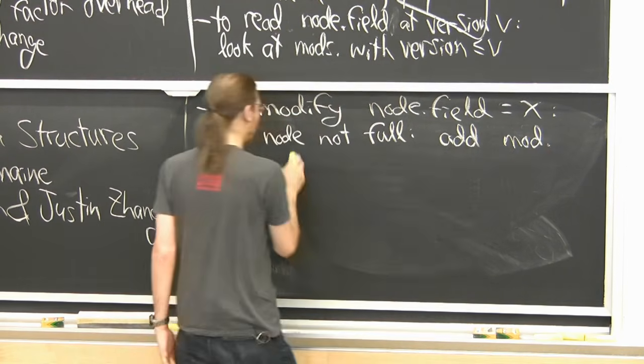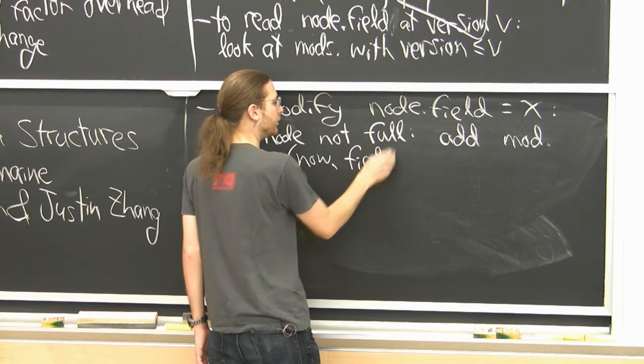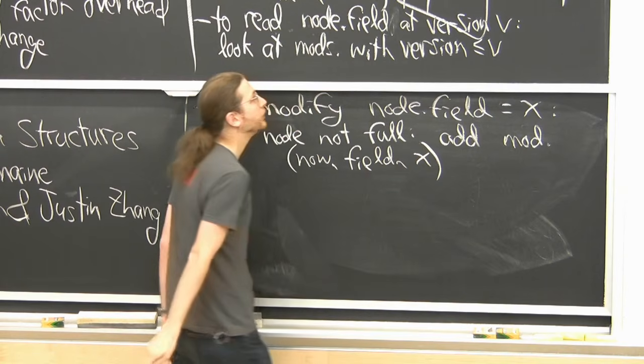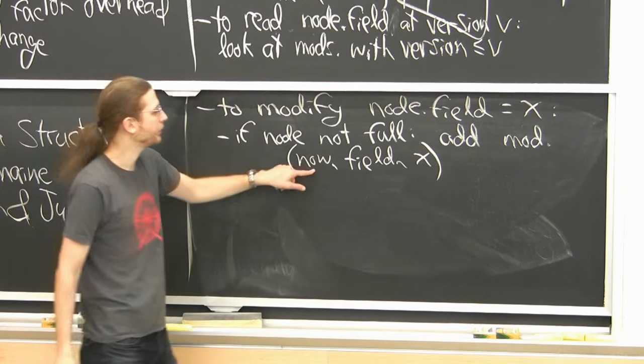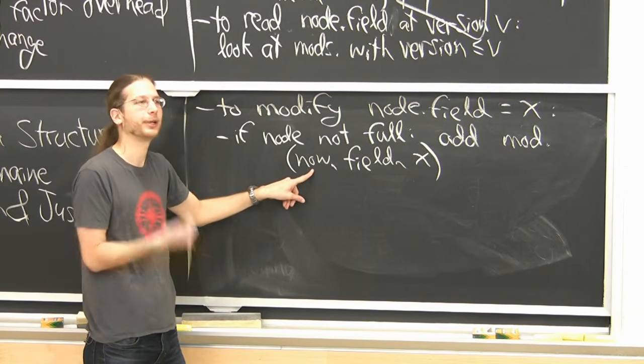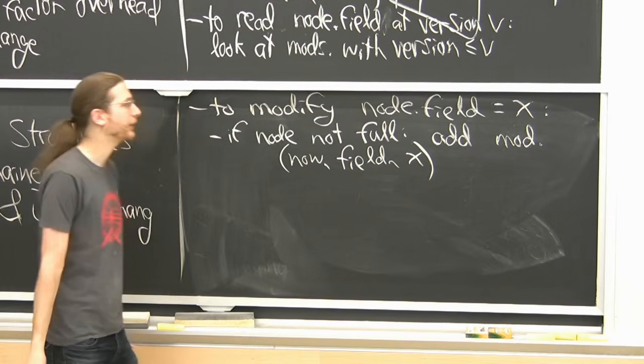So a mod will look like now, field, x. Just throw that in there, because right at this moment, we maintain a time counter, just increment it every time we do a change. This field changed to that value. So that's the easy case.